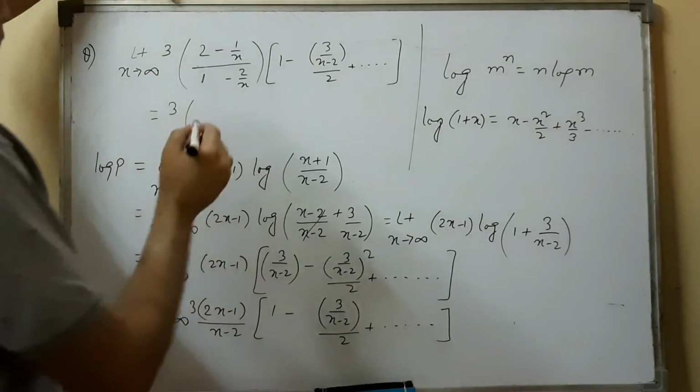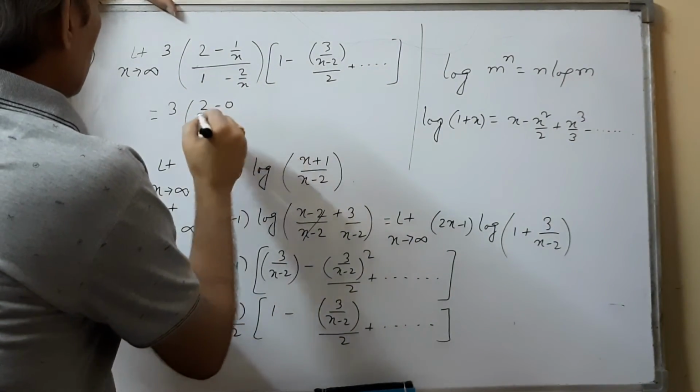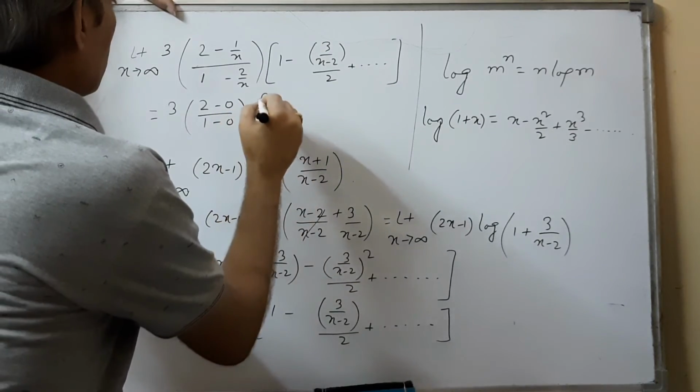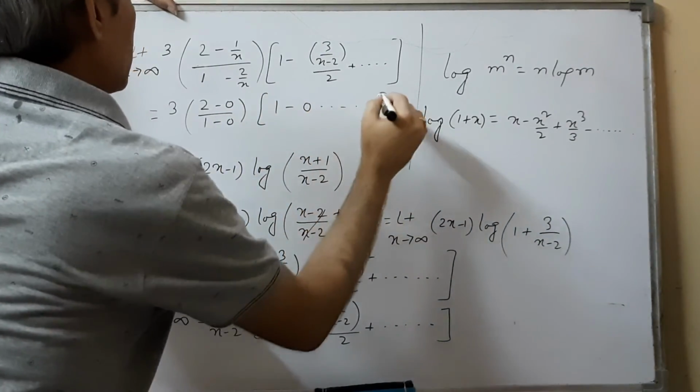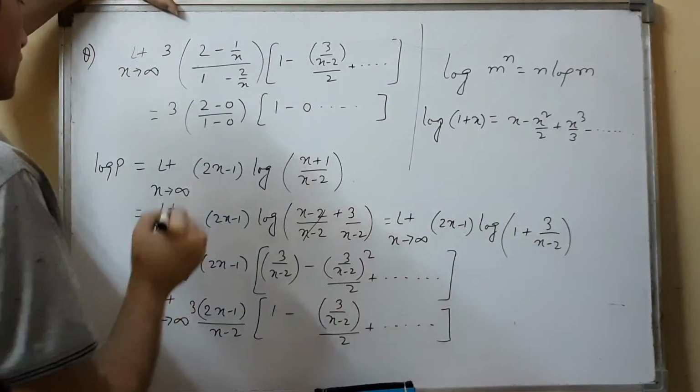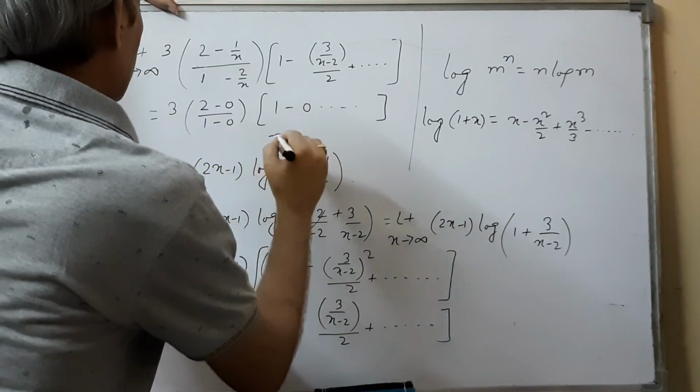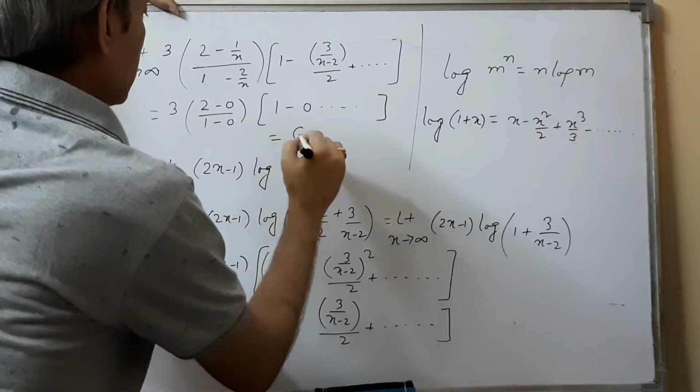Now apply the limits. So we are getting 2 minus 0 upon this whole thing is 1, सारे terms 0 हो जाएंगे. So finally we are getting what, 3 to the 6.